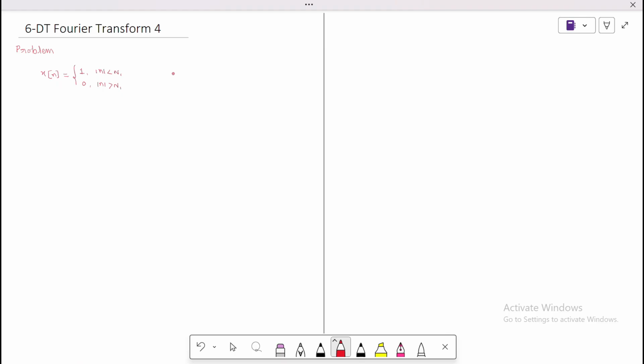For this case, what is the discrete time Fourier transform of x of n? We know that this is an aperiodic signal, so with the help of the Fourier transform equation, we can easily find it. Here I don't want to solve that one, as we have already done it in the discrete time Fourier series.